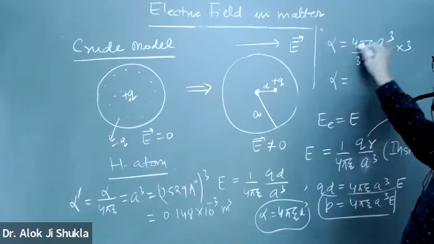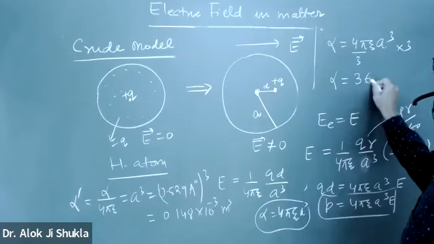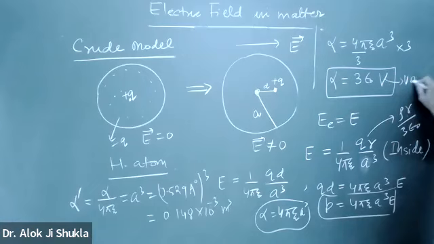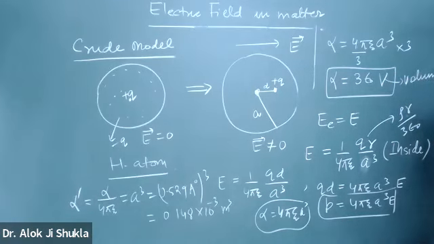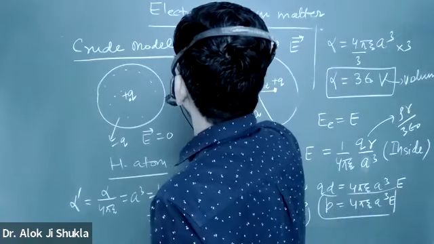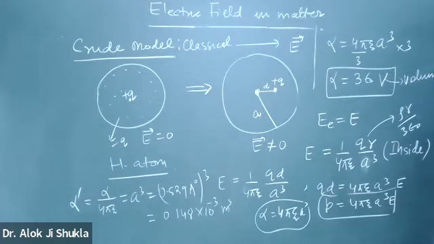So it will become 4 by 3 pi a cube. So it will become 3 epsilon naught into capital V, where V is volume. So this is a crude model, classical model, and you calculate this. Is that okay?